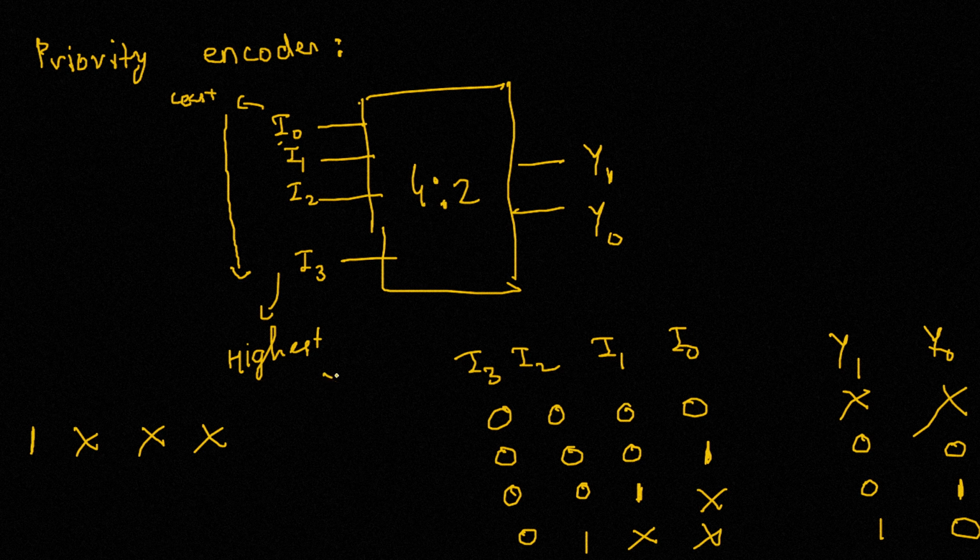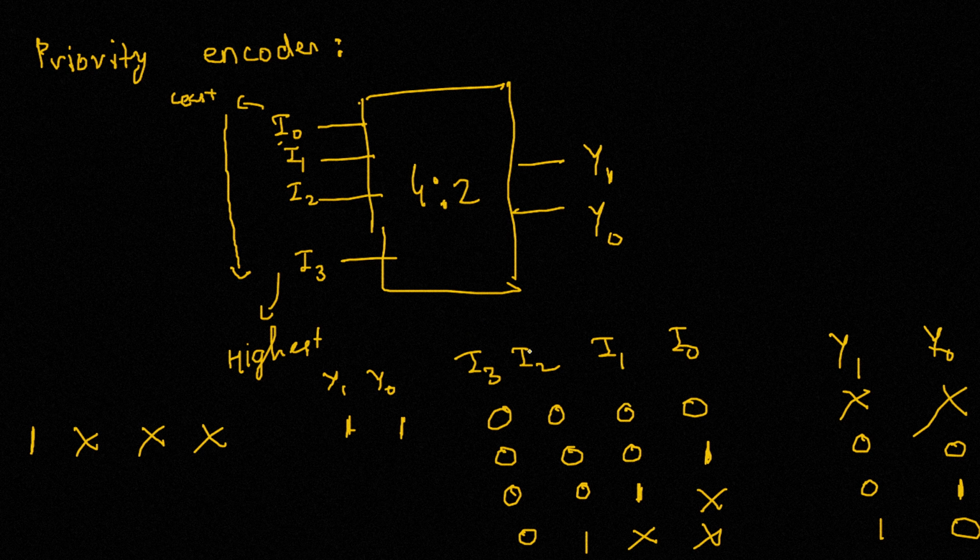And in that case, Y1 and Y0 both give us 1. Right? So now we have the output here. So let's use this truth table and a KMAP and actually find out how Y is related to the inputs. So this is the truth table that we have.